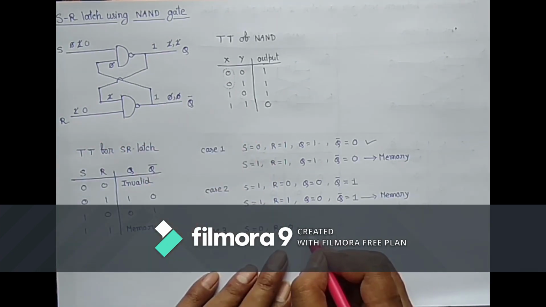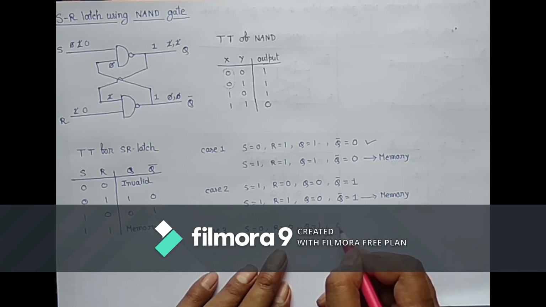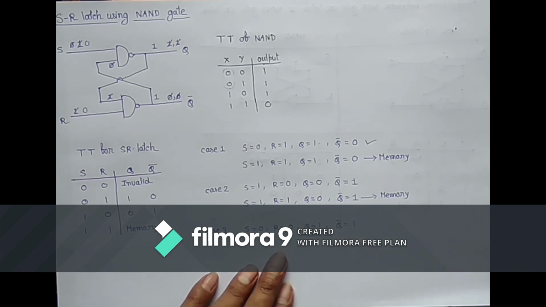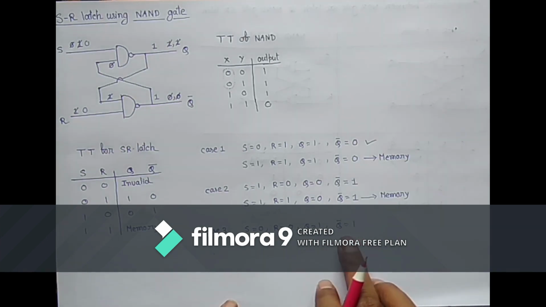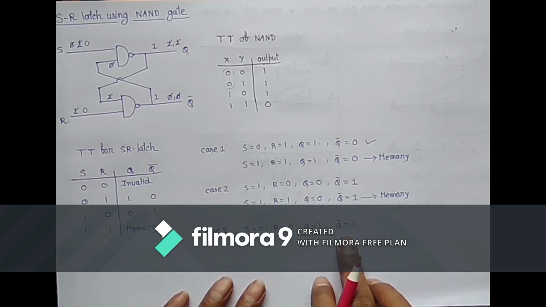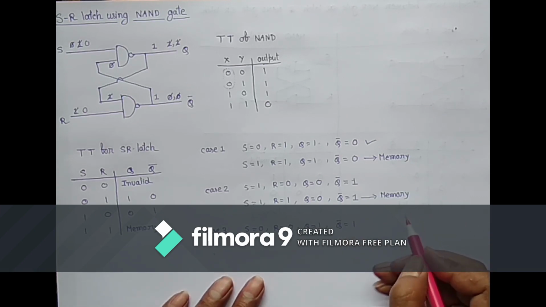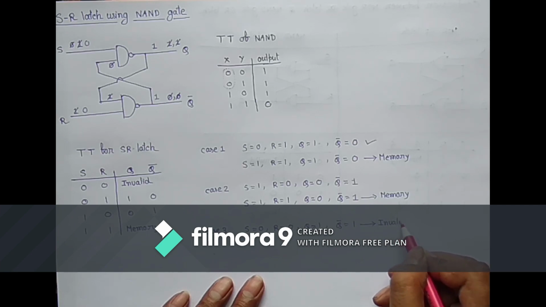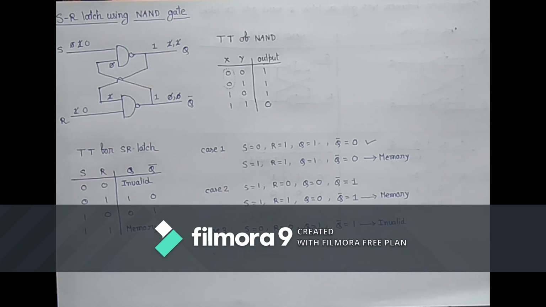That means here both Q and Q bar are equal to 1, which is impossible because Q and Q bar are always complements of each other. That means this state is called invalid state.